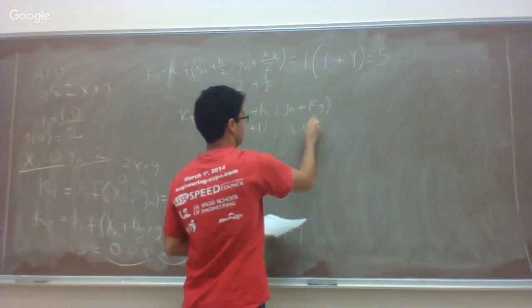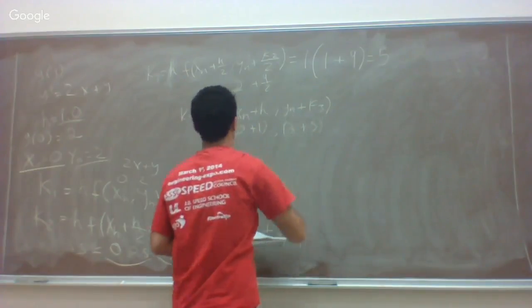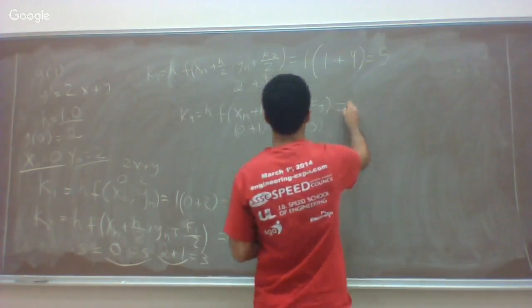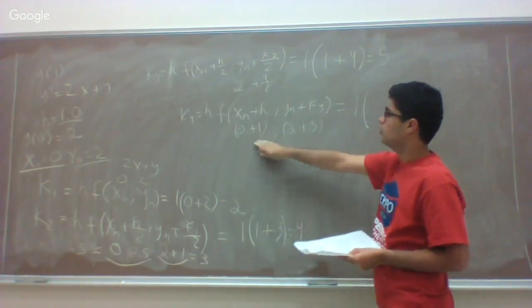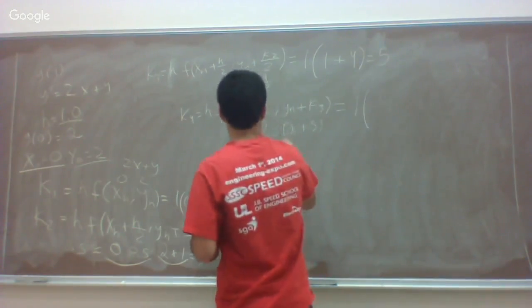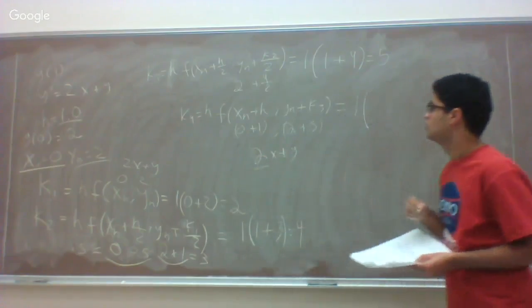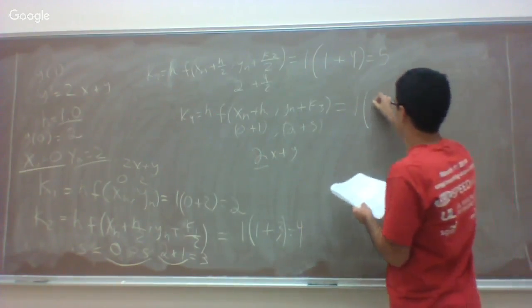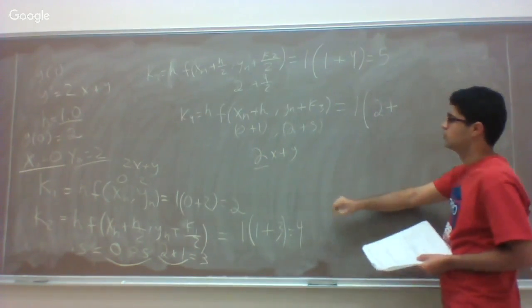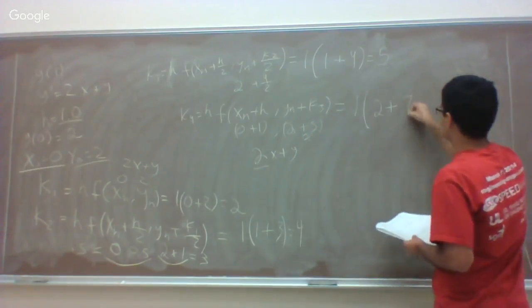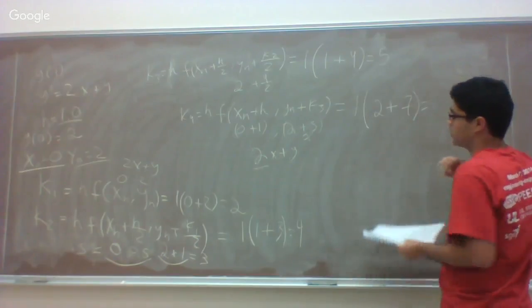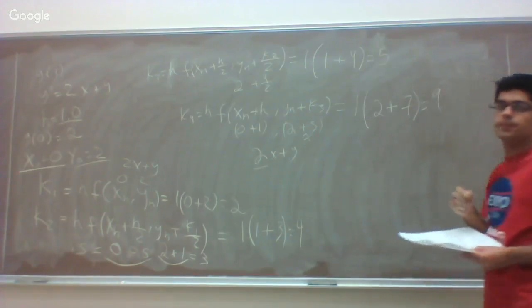So this is 2 plus a 5. So those are what go in the equation. So I have h, which is 1, times 2 times 1, so this is 1 times the quantity of 2, plus this is a 7 here. That's my y value, 2 plus 7. So that's my k4 is equal to a 9.